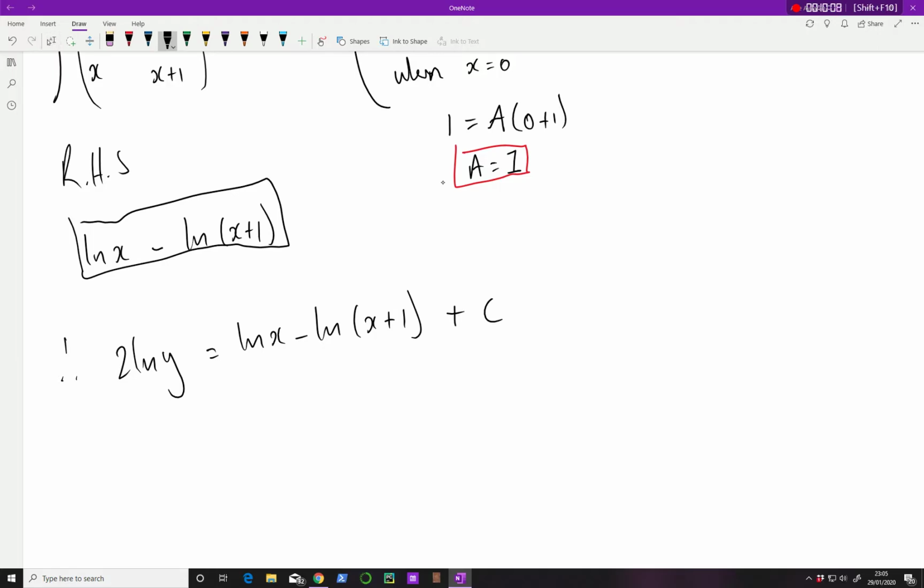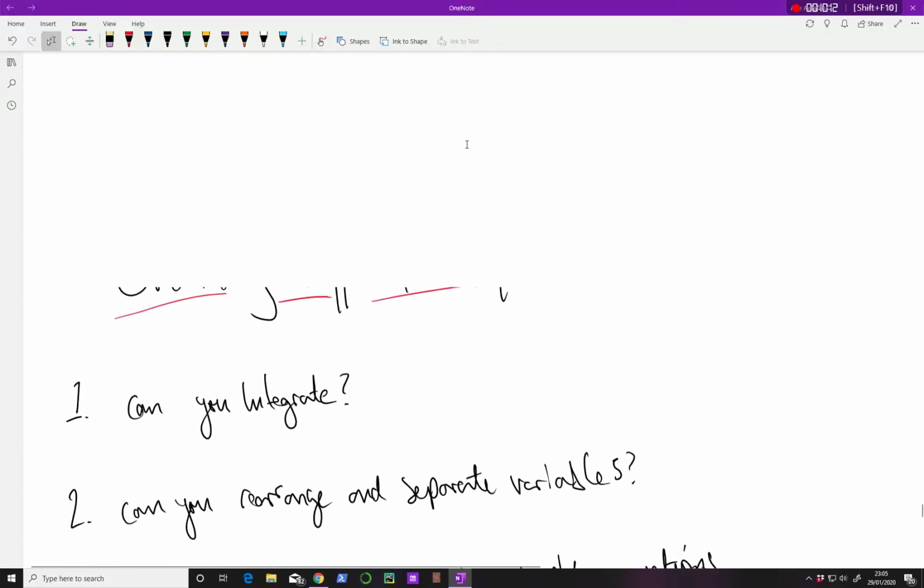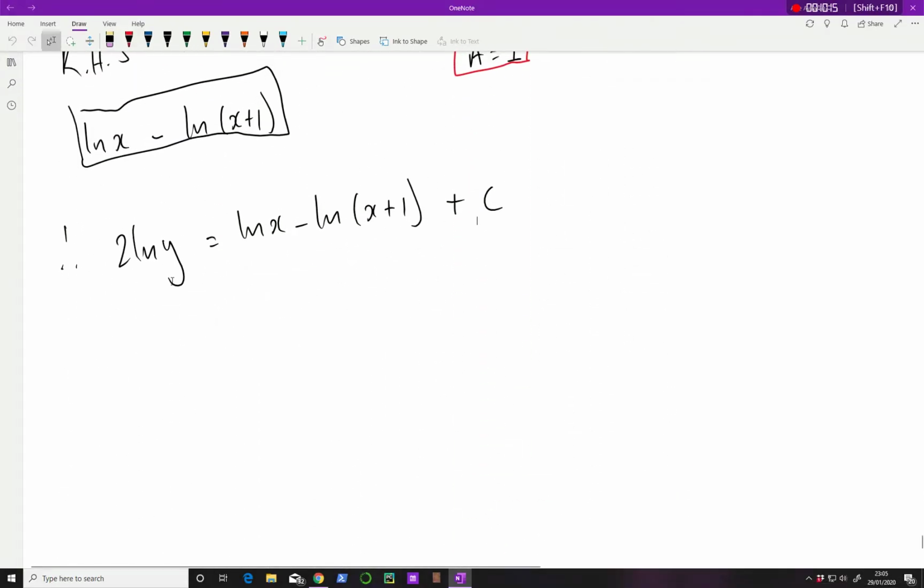Now this isn't the final solution, because the final solution is something based upon y. So y is equal to some function of x. So what I'm going to do is get rid of this 2 and raise y to the power. Then I'm going to exponentialize everything so that I get rid of this ln.